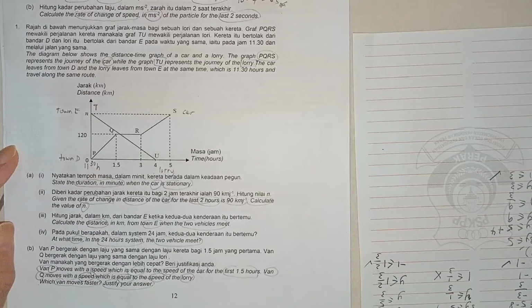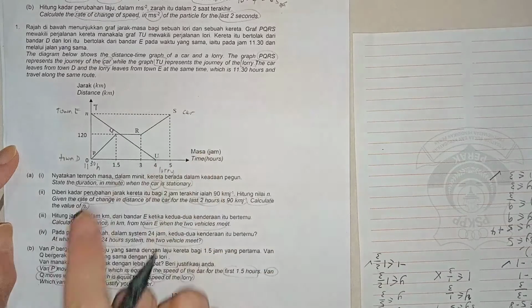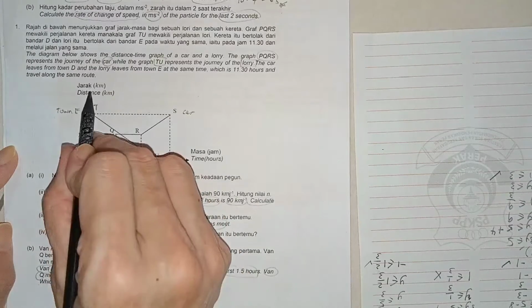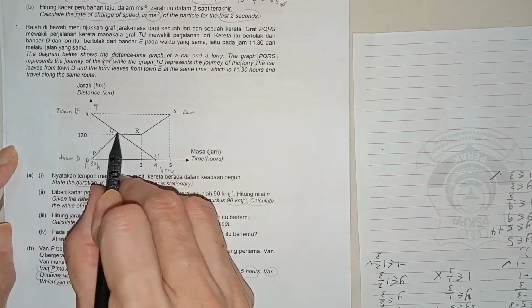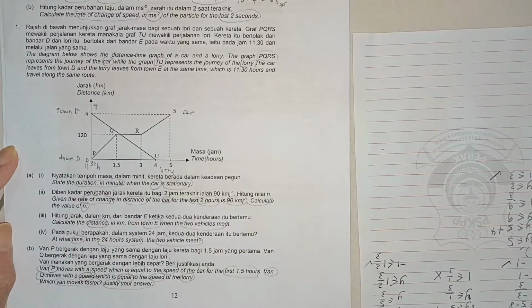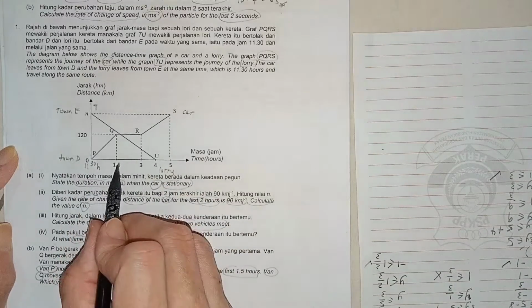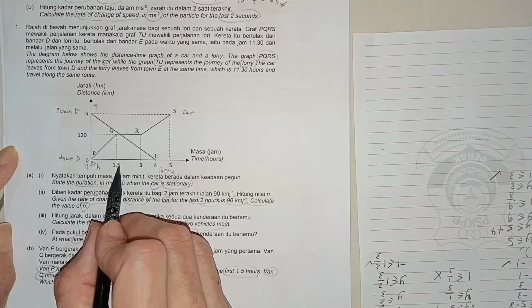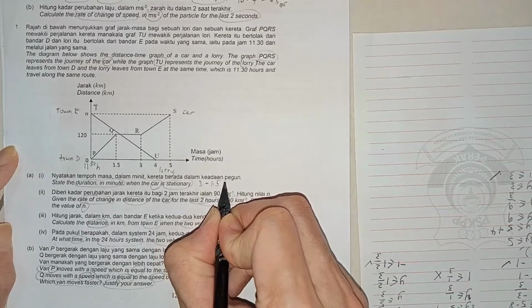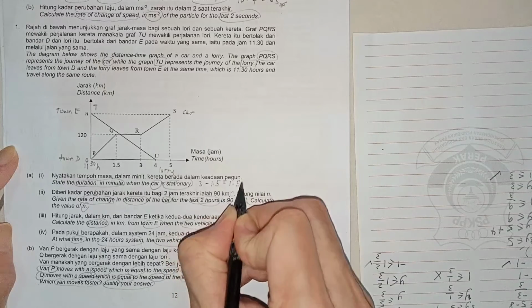Then A1: state the duration in minutes, not in hours, when the car is stationary. The car is stationary here, it's not moving, no distance change, staying put at 120. It's resting. So the duration is 3 minus 1.5, you get 1.5 hour.